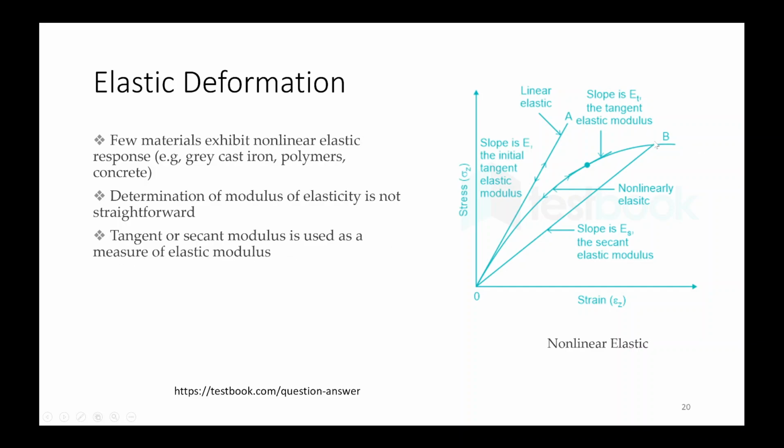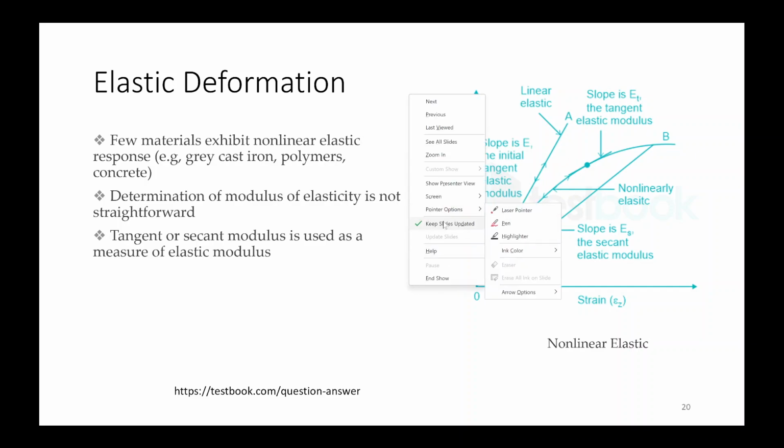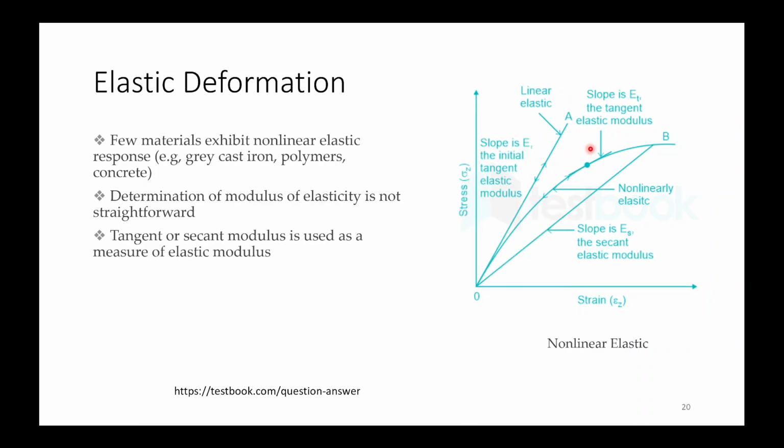So for example, if we want to measure the modulus for this particular type of curve in the elastic region, in case of tangent, we'll draw a tangent, and the slope of this tangent will be your tangent elastic modulus. And if we want the secant type, then from that point we'll join it to zero, and the slope of this line will be your secant elastic modulus.